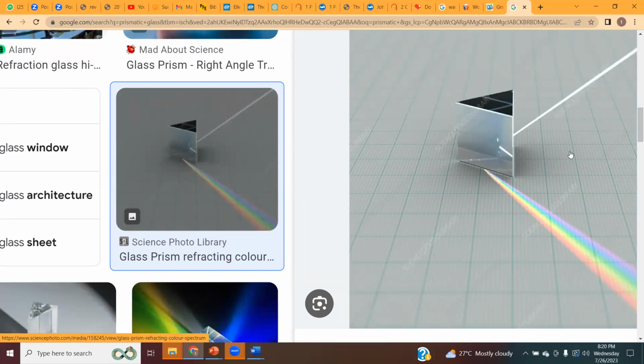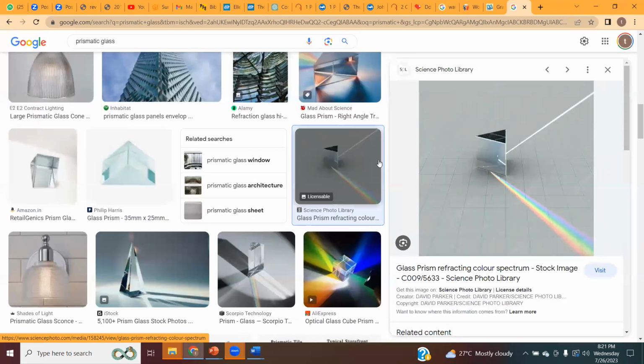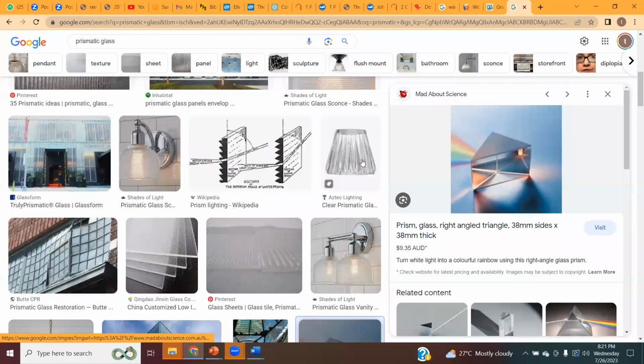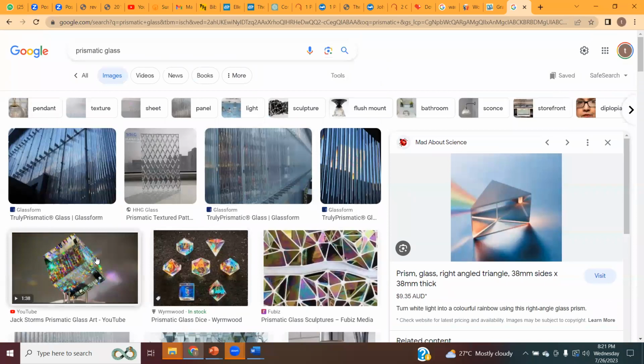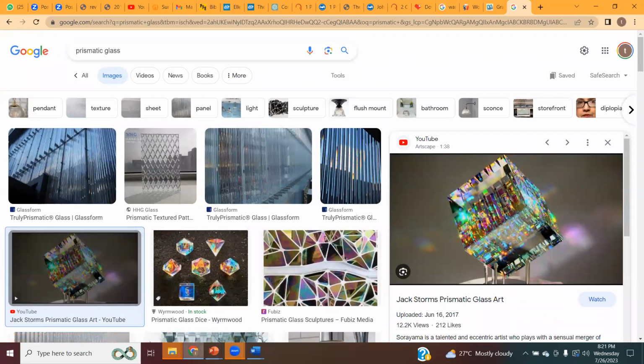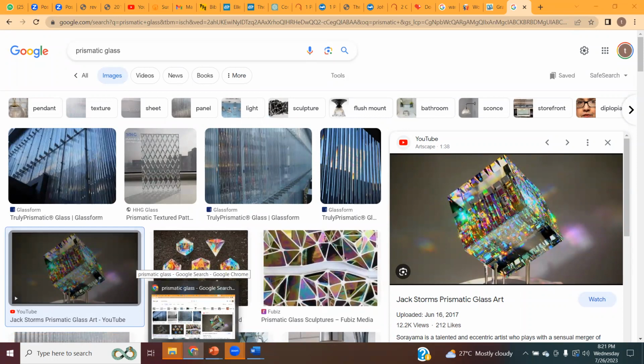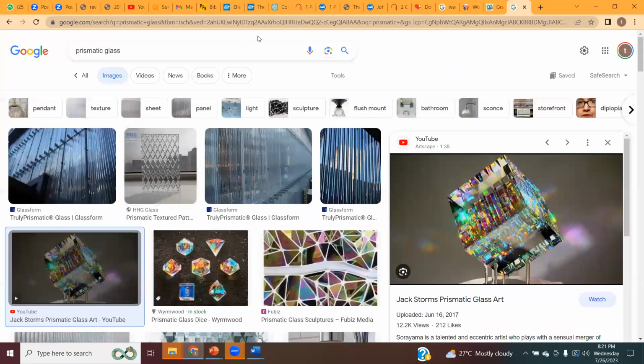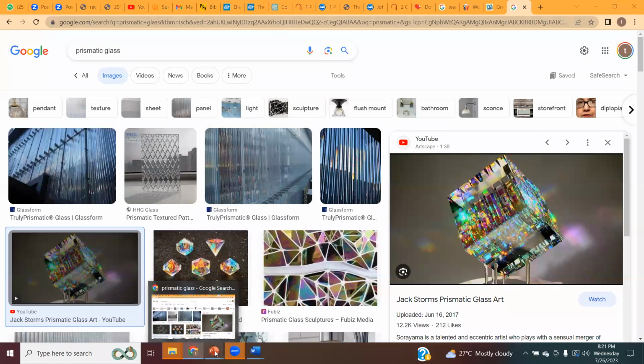So again, this is white light being split into different colors by this prism. So with that in mind, understanding that a prismatic glass has various colors and changes color, that gives insight into what this simile is talking about.